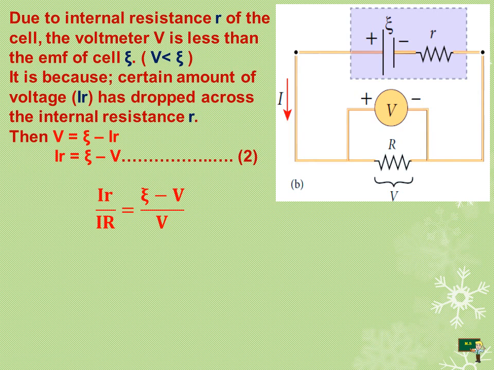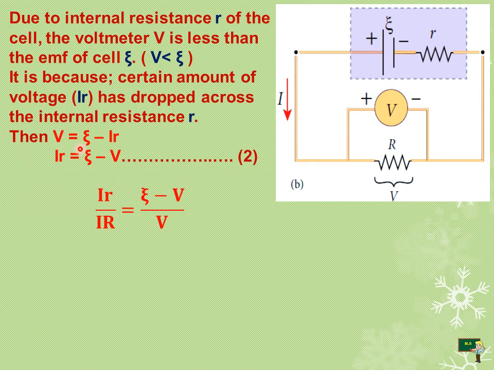Due to the internal resistance small r of the cell, the voltmeter reading V is less than the EMF of the cell. That means V is less than psi, because a certain amount of voltage Ir has dropped across the internal resistance. Some amount of voltage has been dropped across the internal resistance, which is small r.